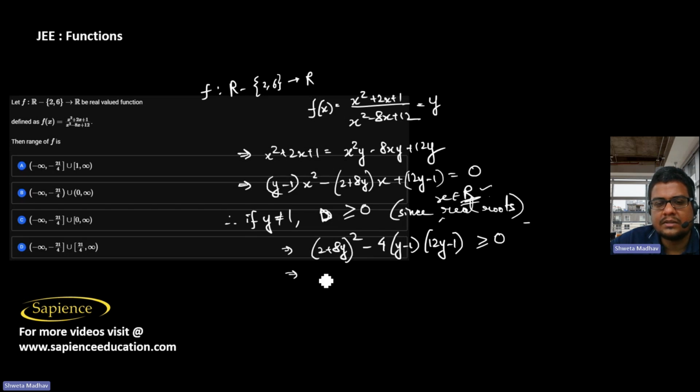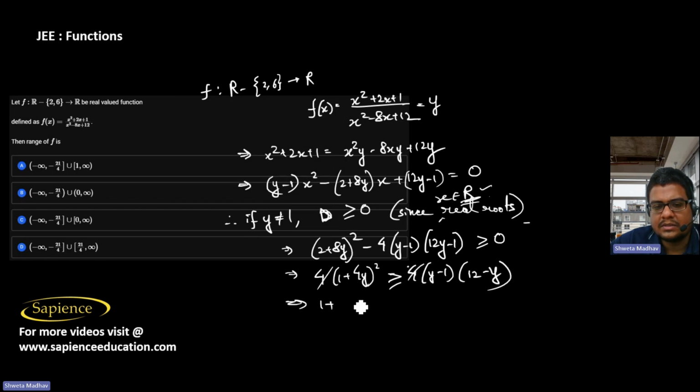So here we can say, if we take 2 outside, this will be 4 into (1 plus 4y) whole square, so that should be greater than or equal to 4 into (y minus 1) into (12y minus 1). So 4 and 4 I can cancel out.